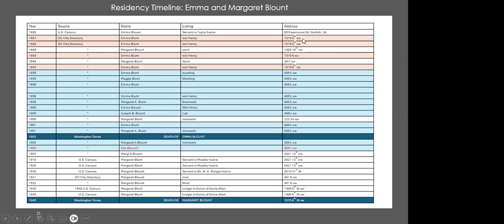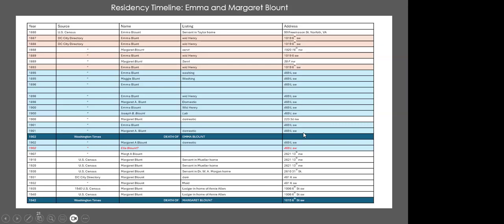So initially, here they are at 1019 6th Street Southwest. Then for a very long period of time, Emma seems to have a home at 469 L Street Southwest. Right in this period, Margaret is living out, but other than that, this is the home.